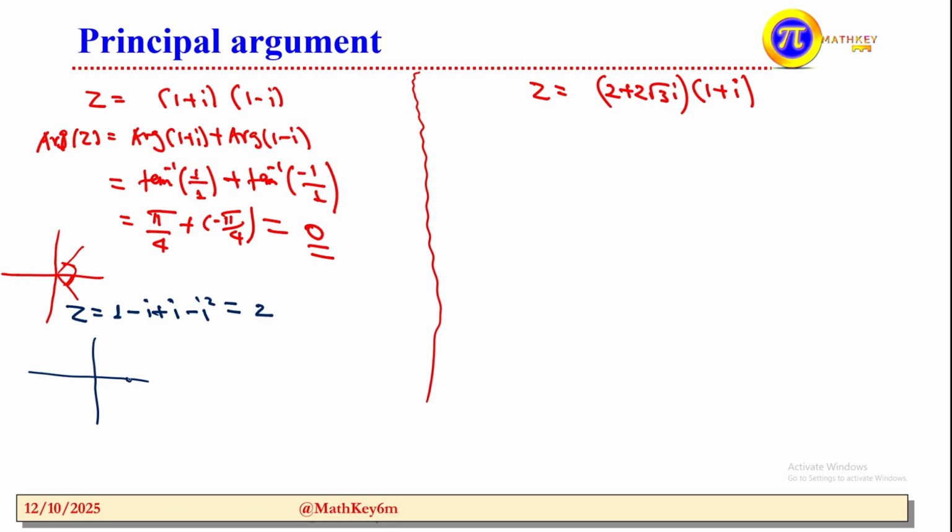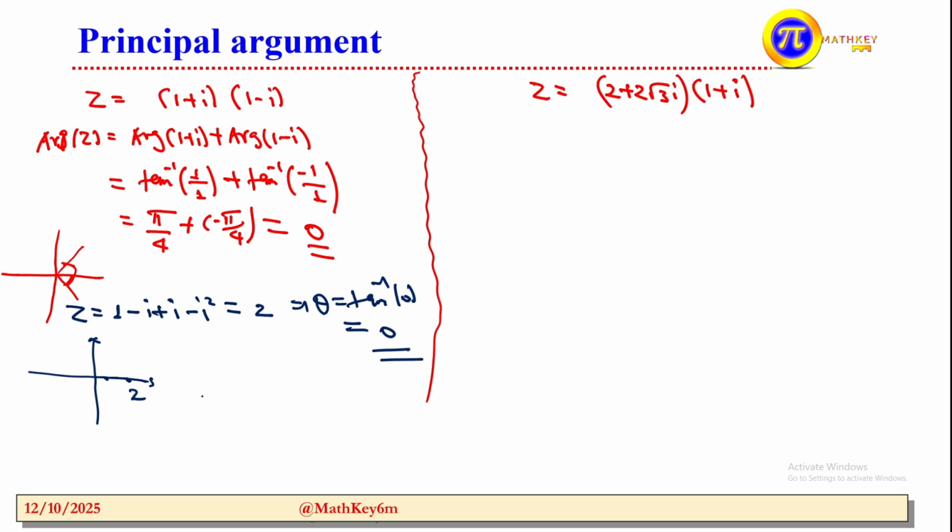This means this 2 lies, let's take somewhere, this is 1, this is 2. So it lies at the positive x-axis. What is tan inverse of this? The y-axis, that is the imaginary, is 0 and the real is 2. So theta is equals to tan inverse of 0. This means theta is equals to 0.